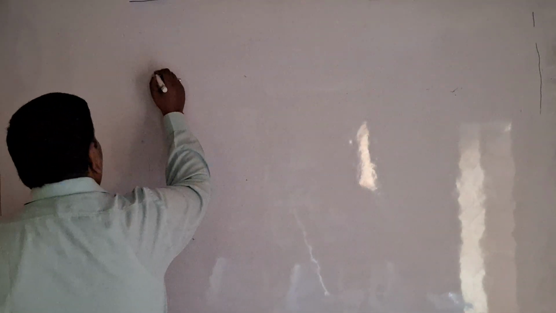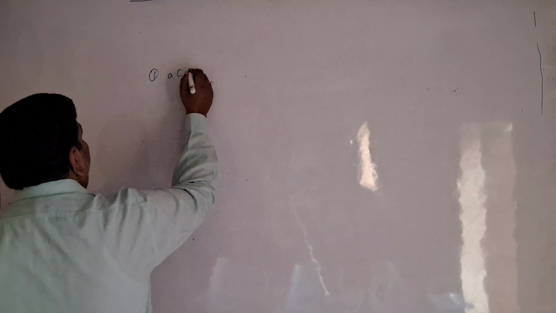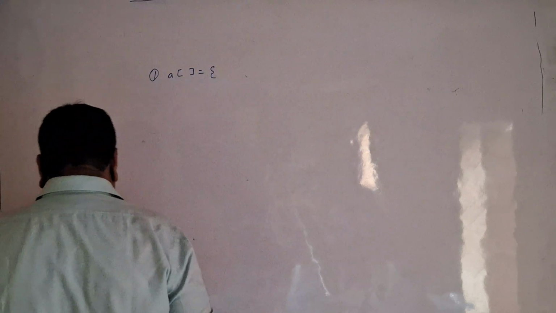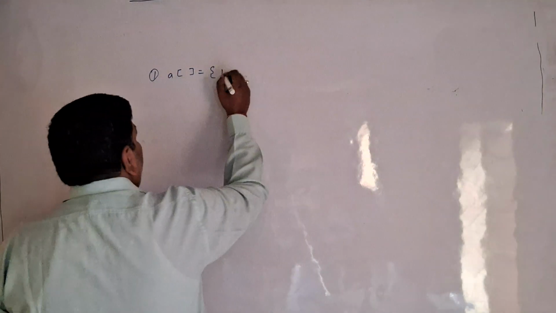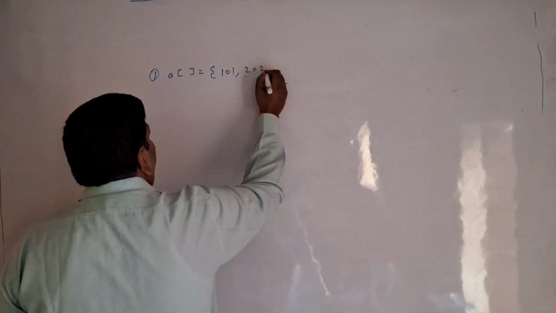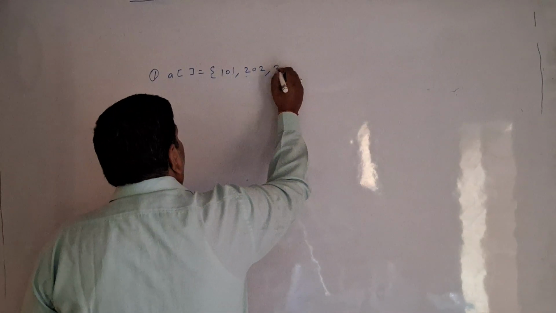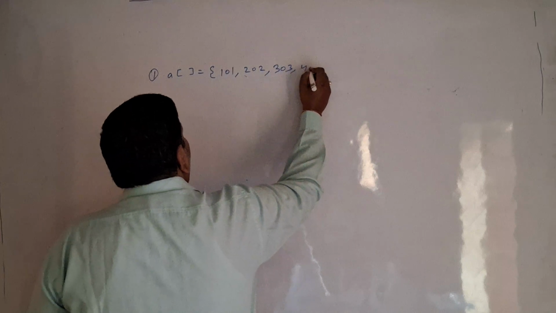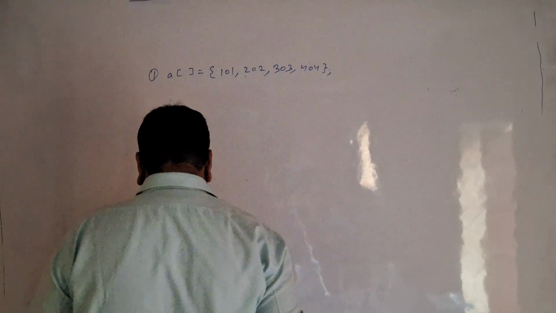Now see this question. One array is given to you, A, inside the curly bracket some values are given: 101, 202, 303, 404.